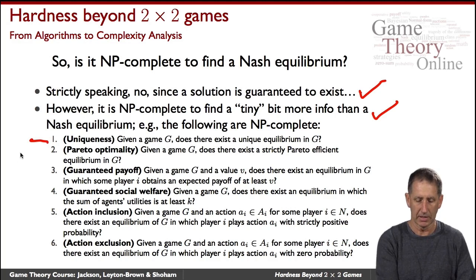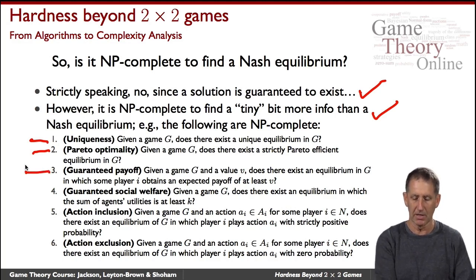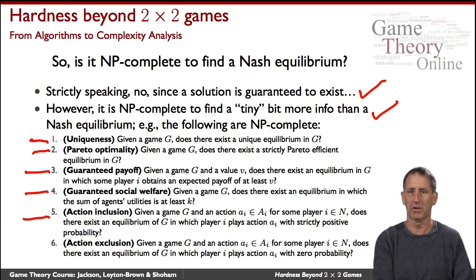Or does there exist a Nash equilibrium that's strictly Pareto efficient? Or is there a Nash equilibrium that guarantees a given player some minimum payoff? Or can we guarantee some minimum social welfare in a Nash equilibrium? Does there exist a Nash equilibrium that includes some pure strategy, some action of the player? Or conversely, that excludes it?